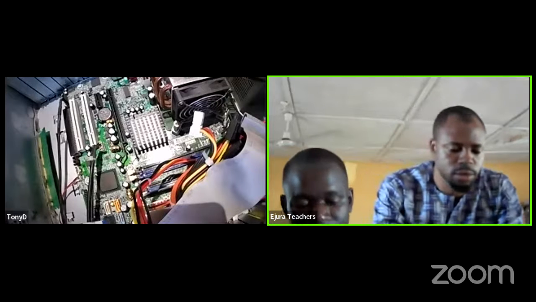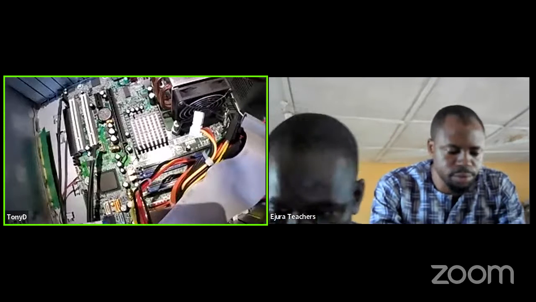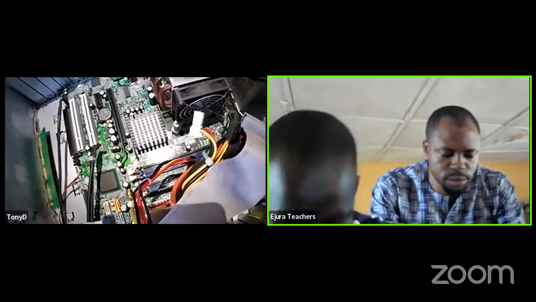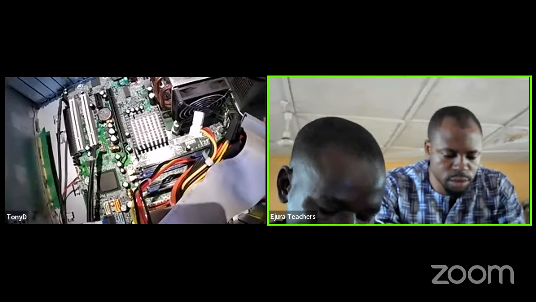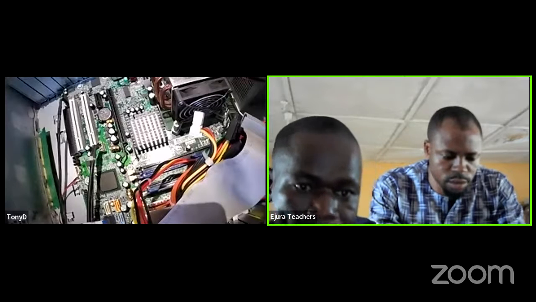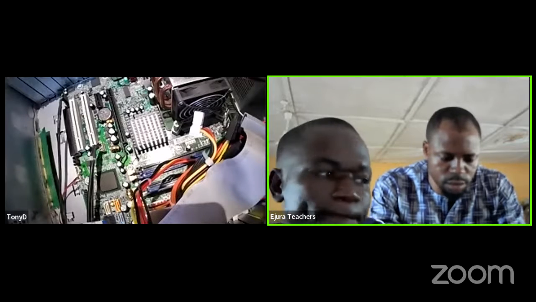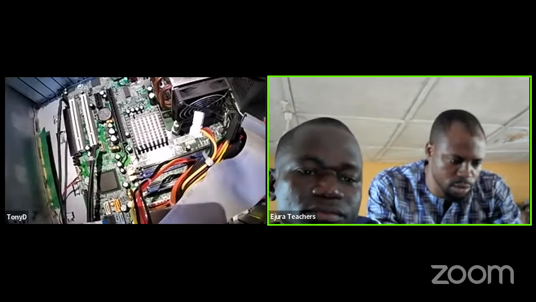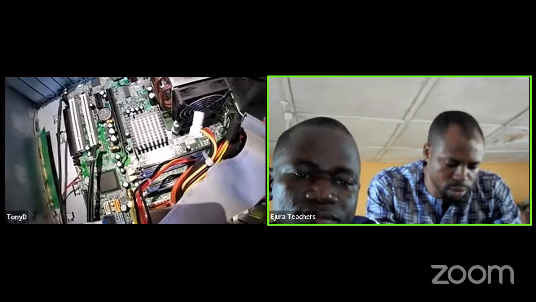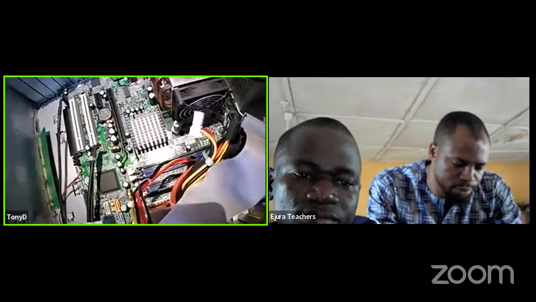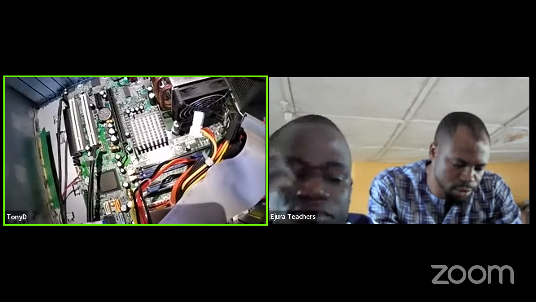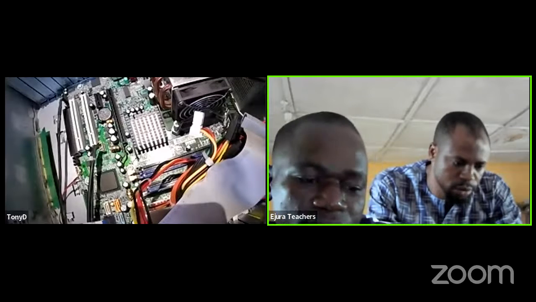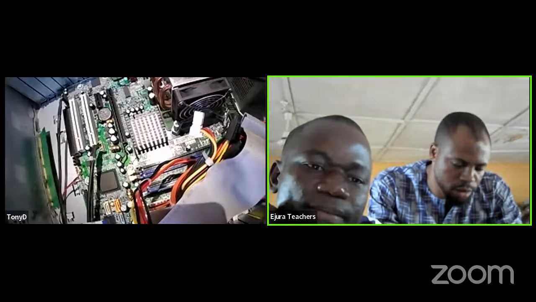What does it stand for? What is the C? What is the P? What is the U? Central processing unit. Yes, sir. So it is that part of the computer that ensures effective communication and operation of the other parts. Okay. Somebody else. It integrates all other components of the computer. Okay.